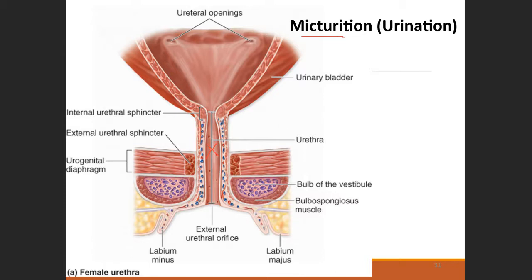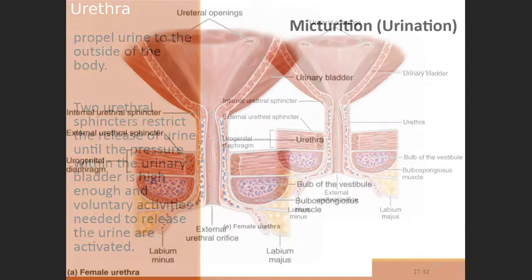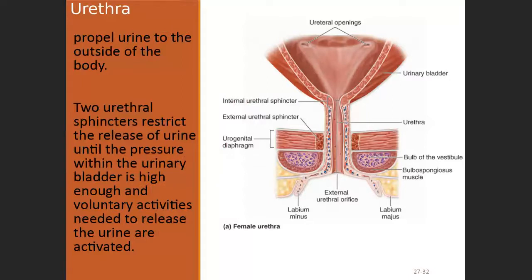And for each, we will have a pair of sphincters, an internal and an external urethral sphincter, helping control the flow of urine. These two sphincters handle two different phases of urine flow.